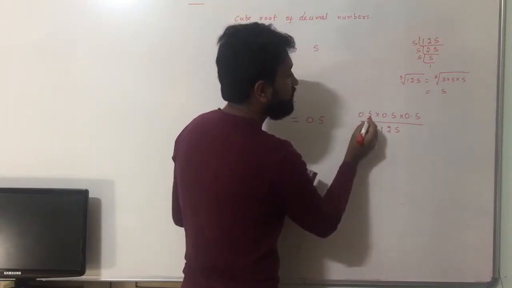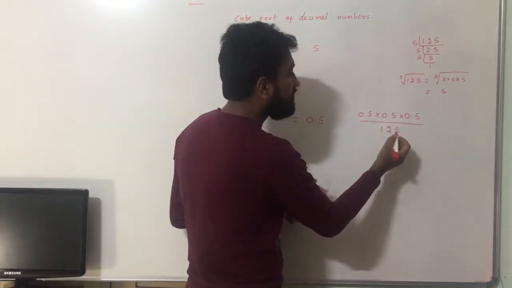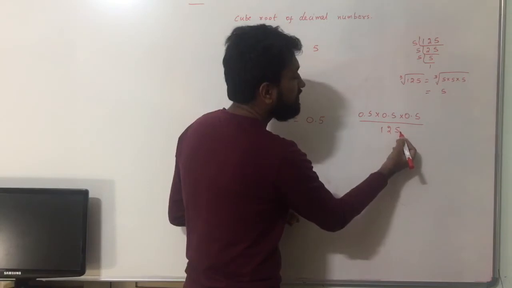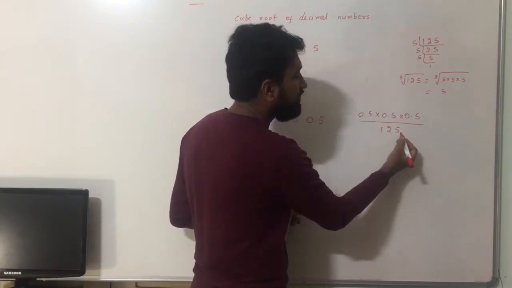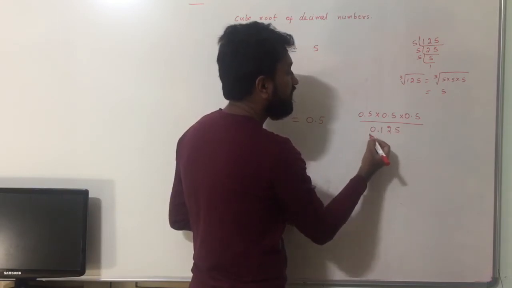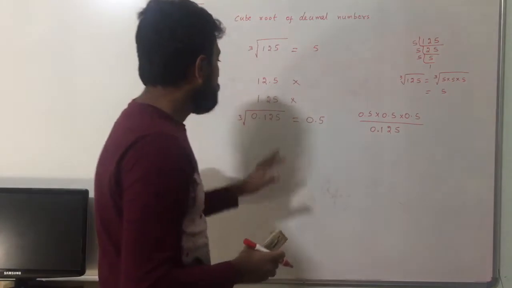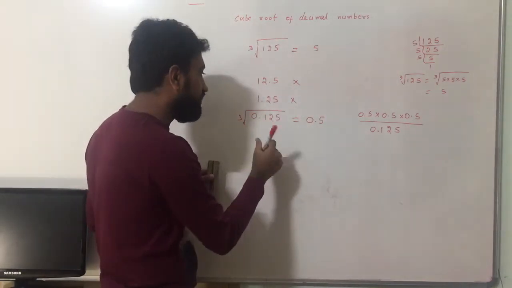After this decimal there is one number, here there is another, here there is another. So totally 3 decimal numbers are there. So I should put a point in this answer in such a way that after the point there are 3 numbers. So 1, 2, 3. I put a point here and then 0.125. So we can find the cube root for 0.125.